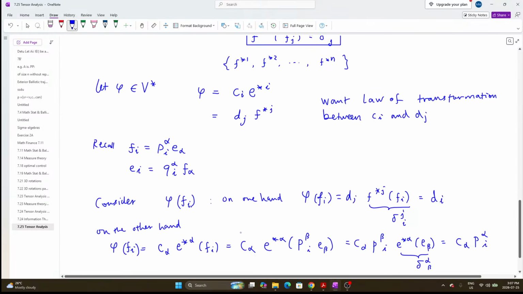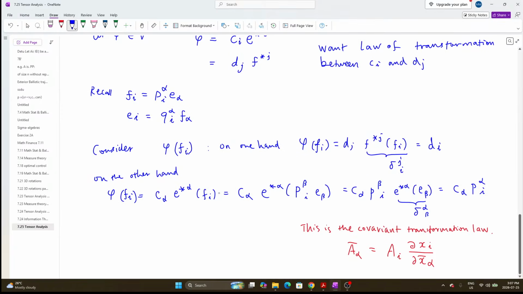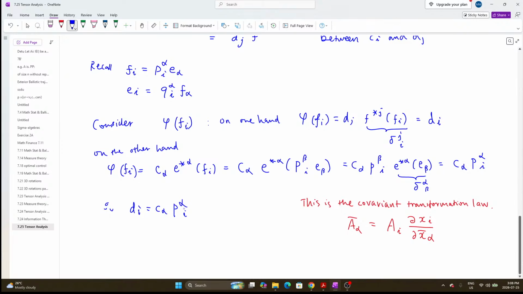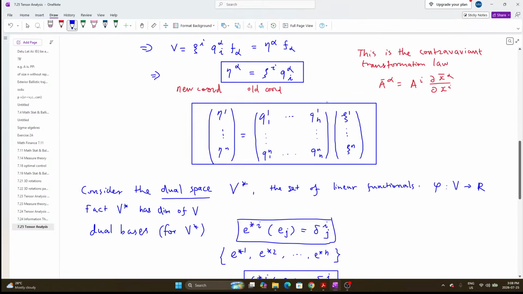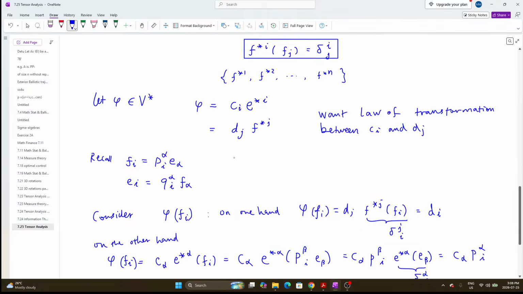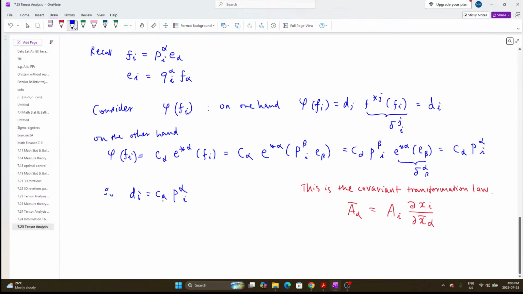Okay, so here, we just redid the derivation, this time expressing d in terms of c. So therefore, you got d i equals c alpha P alpha i. The point is, here you're using the inverse of the previous matrix. And you're considering d and c as row vectors instead of columns.